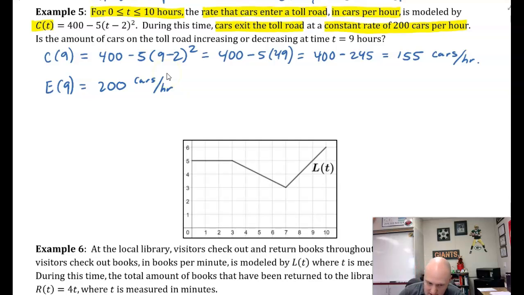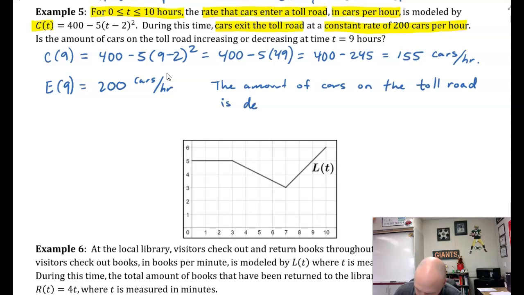So I'm going to go ahead and say the amount of cars on the toll road is decreasing by a rate of 55 cars per hour.